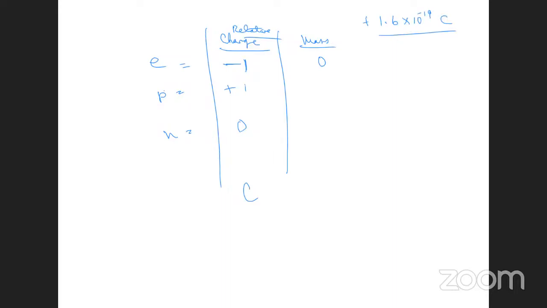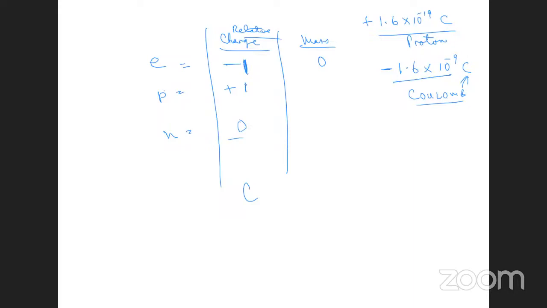So the electron would be negative. C means Coulomb. That's the unit for the charge. So when I say -1, actual charge is this, but you call it -1 because relative to proton, it's the same charge, -1, +1.